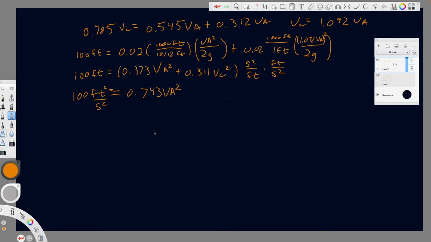And so if we divide that out and take the square root, we'll have VA is equal to 11.60 feet per second.